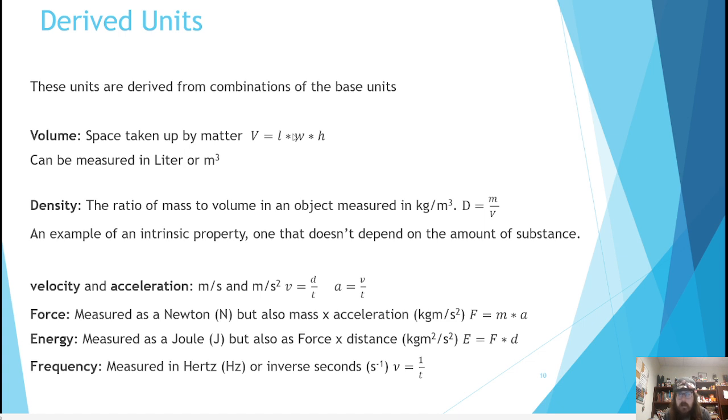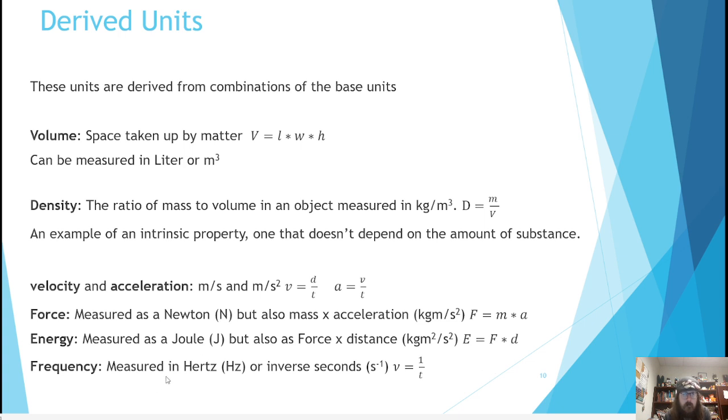Looking at our force of kilograms meters per second squared, we've just added in another unit of meters. So a force applied over a distance is our energy. So 1 joule is equal to 1 kilogram meter squared per second squared.